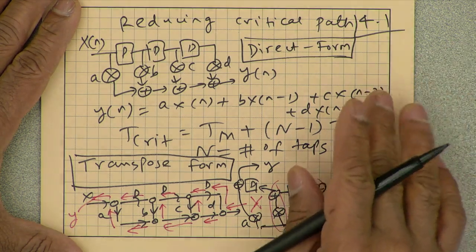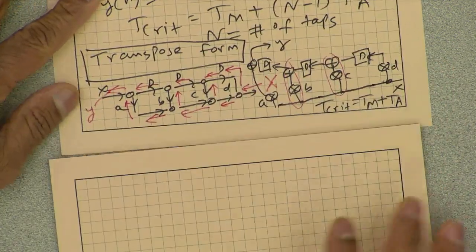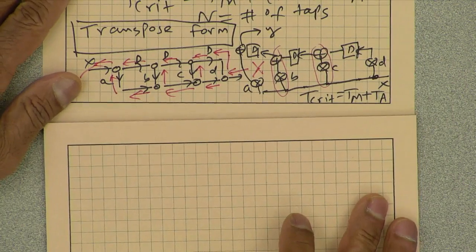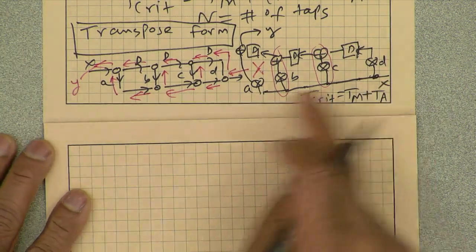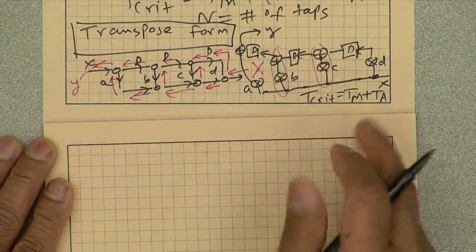Okay, and we can redraw that transpose form by having the x on the left hand side, the output y on the right hand side.